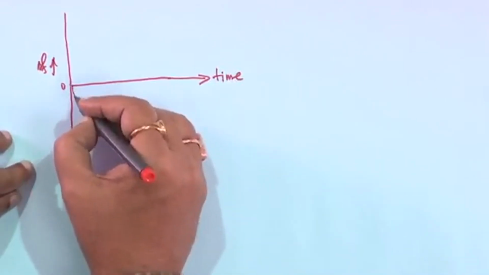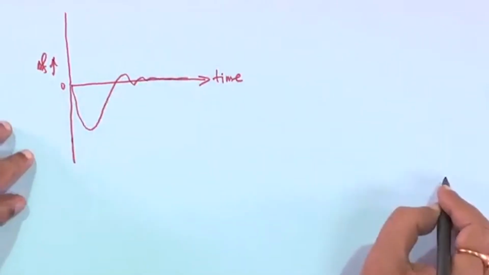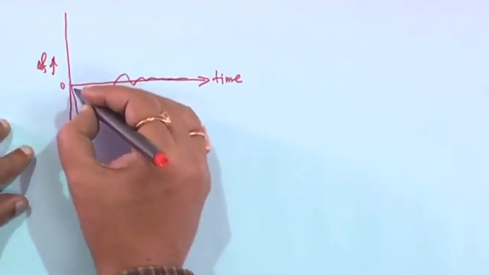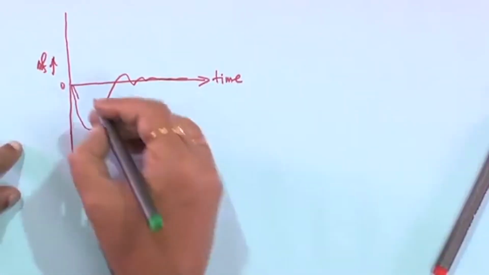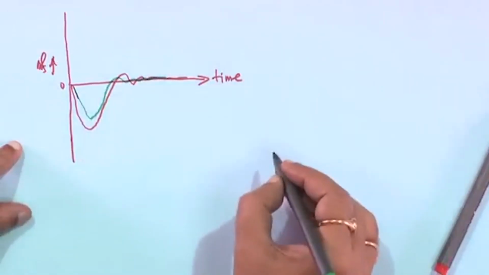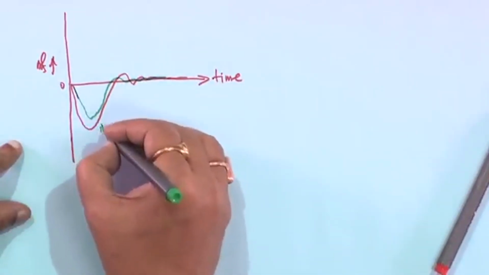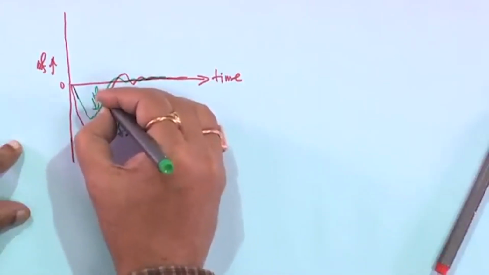Frequency will go like this, and finally settle to 0. This is frequency in area 1. Area 2 also, let me use another ink, will go like this and go to 0. So this may be ΔF1, with the disturbance in area 1, and this is ΔF2.